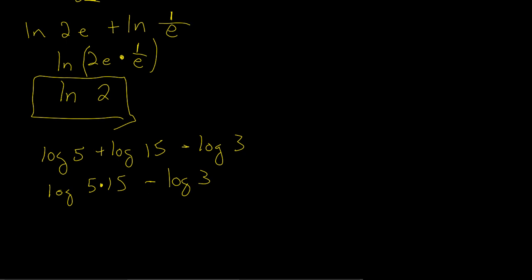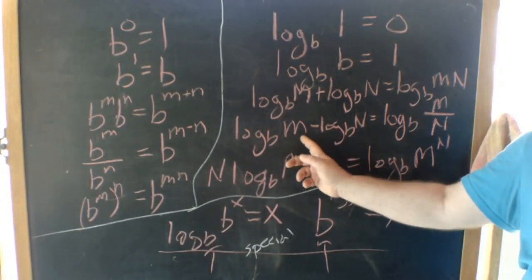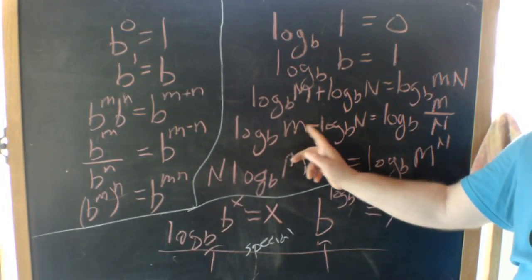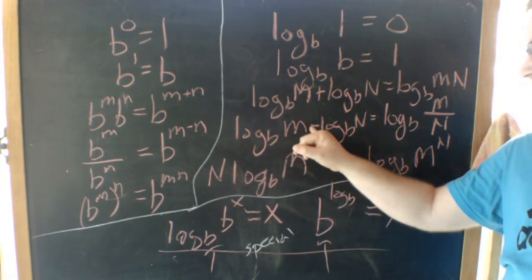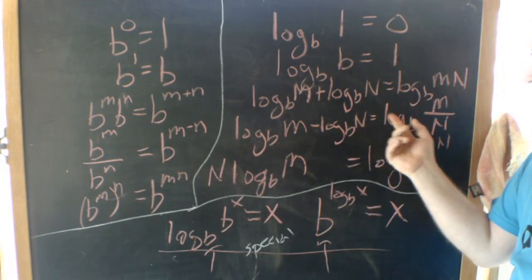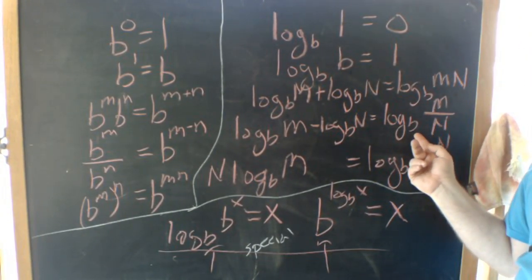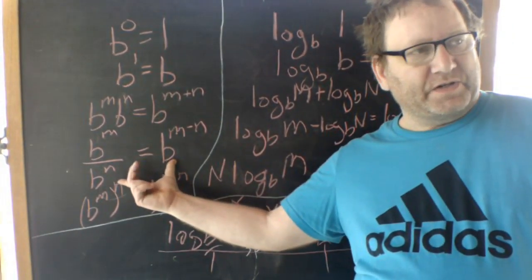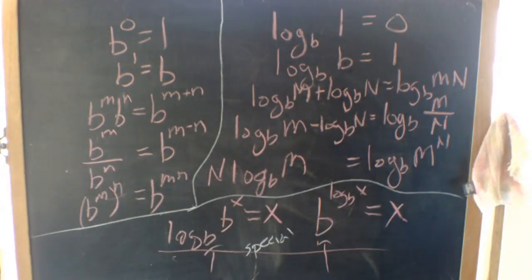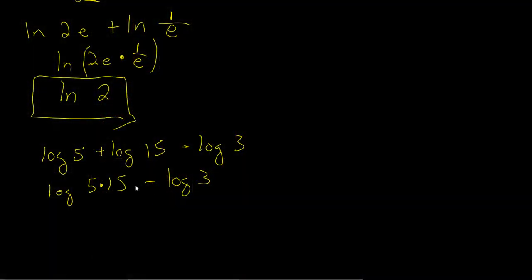But the subtraction, and again, I'll go back to this here. Log base b of m minus log base b of n is the same as dividing m and n in the same base. And that is parallel to this exponential rule that we had. So I can take the subtraction and turn it into a division.